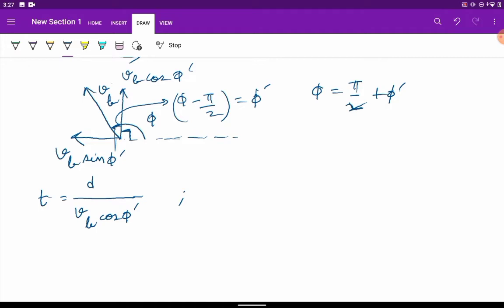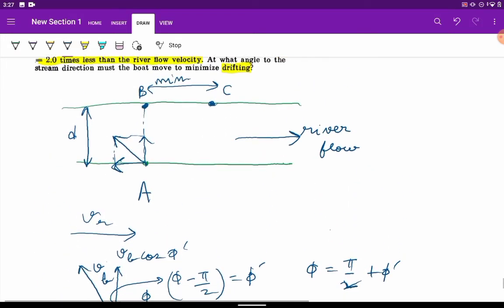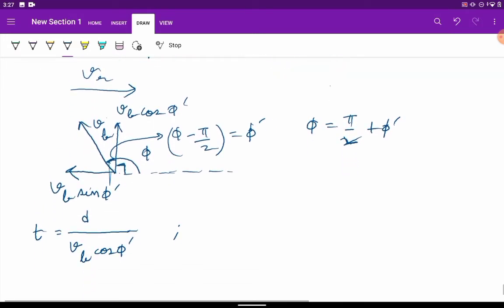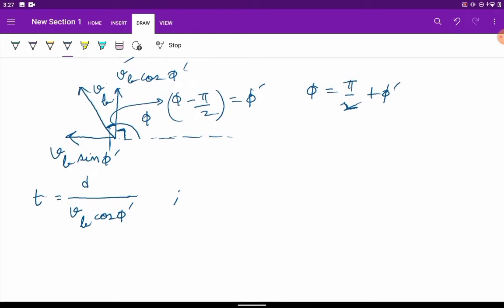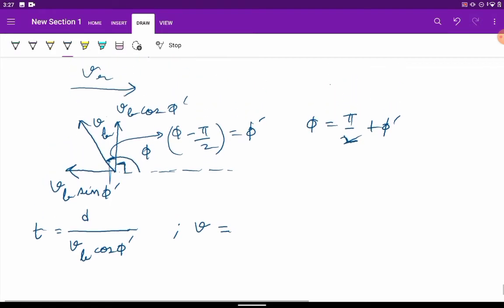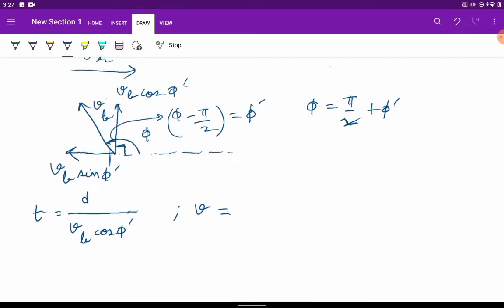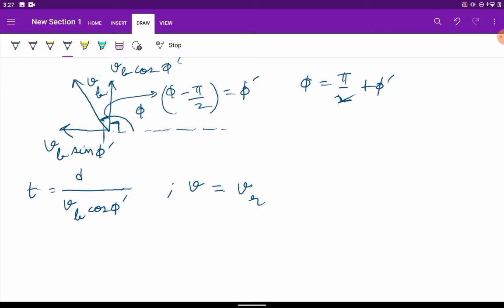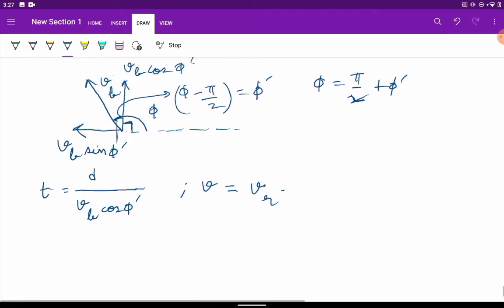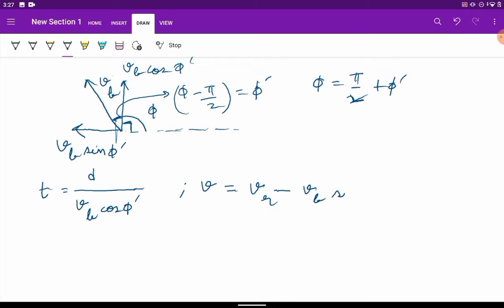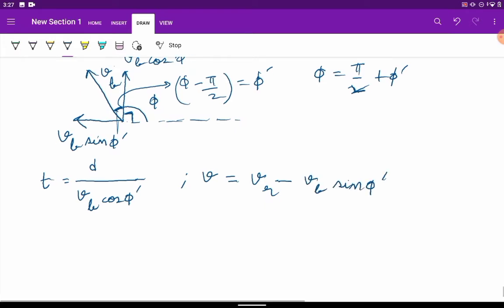And this is the time taken, and the resultant velocity in the direction of the river flow, which we will just call V for now, is the velocity of the river. And since this is in the opposite direction, the boat's contribution towards that is minus VB sin phi dash, right?